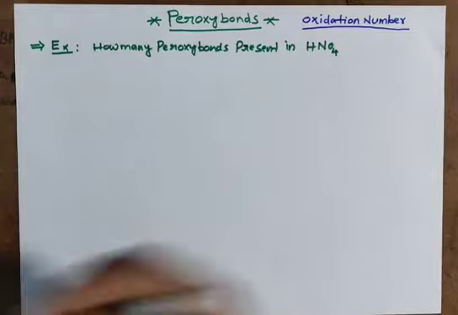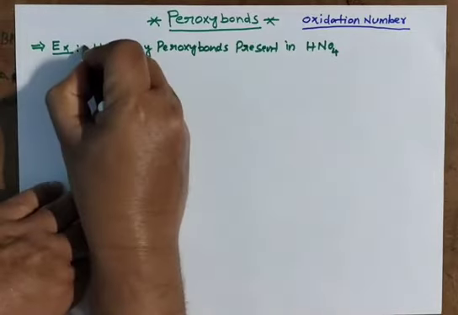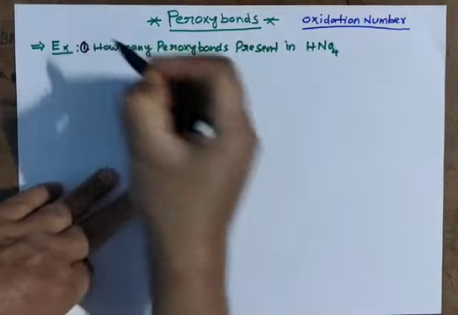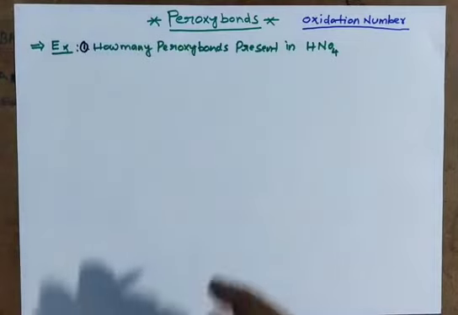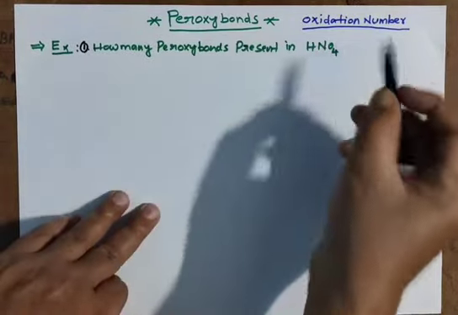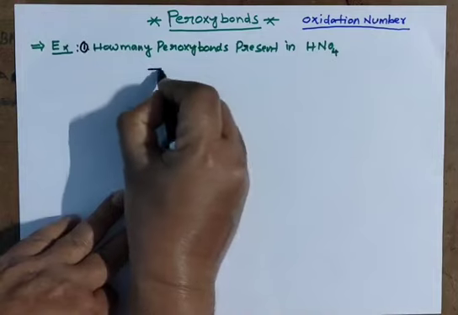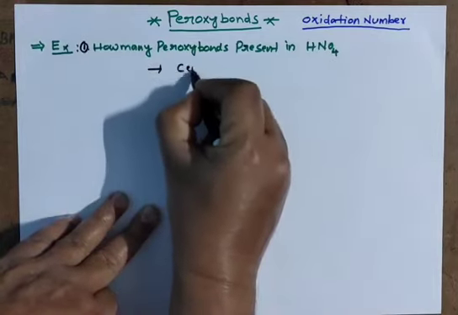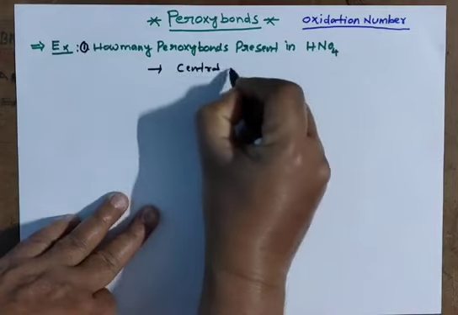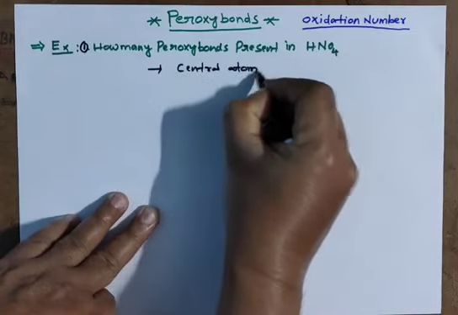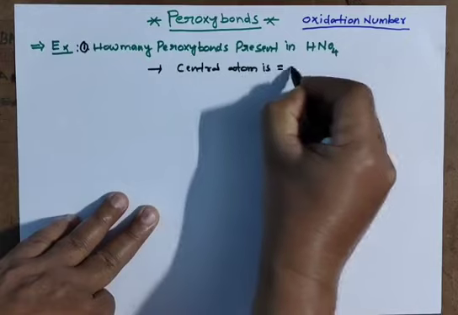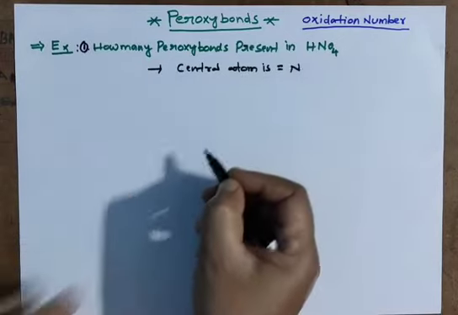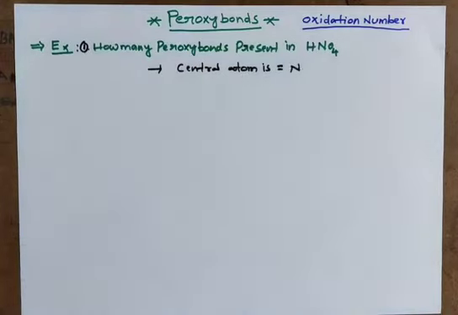This is the question given to you. You have to identify the number of peroxy bonds. So first, I give the oxidation number. In HNO4, the central atom is nitrogen.